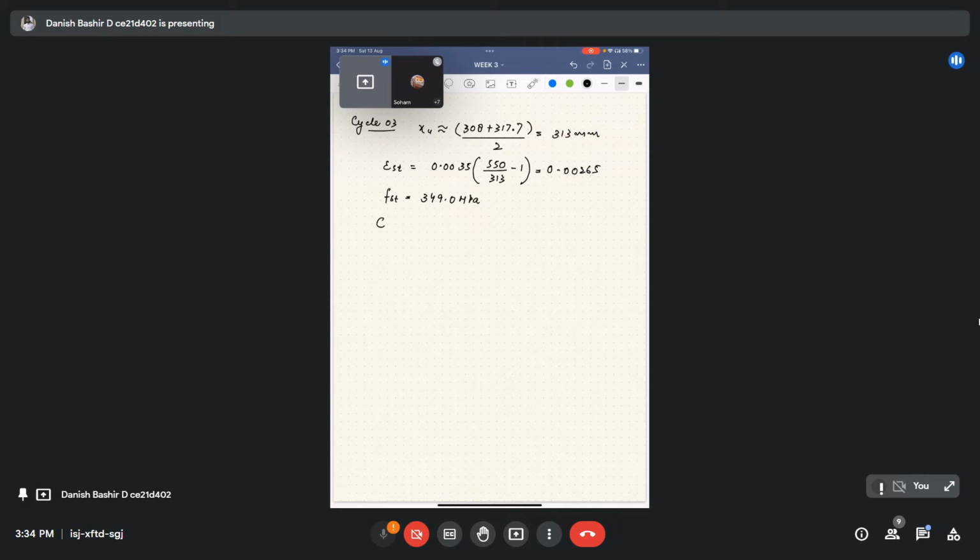So using the formula Cu equals Tu, we get XU as FST times AST divided by 0.362 FCK B. Plugging in all the values, we get 315.4.